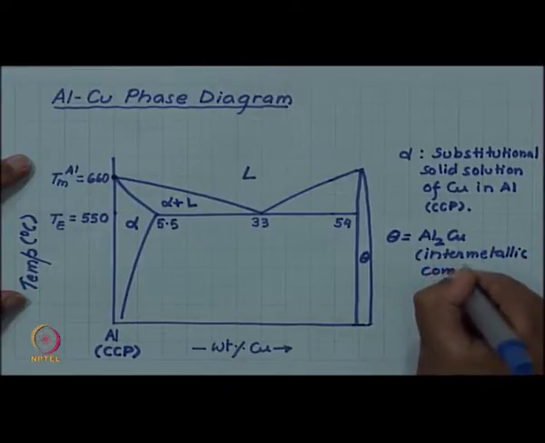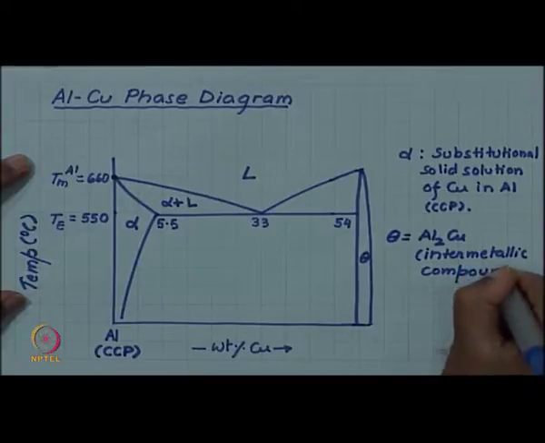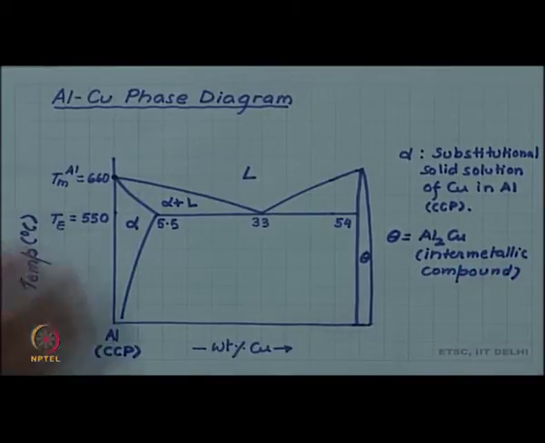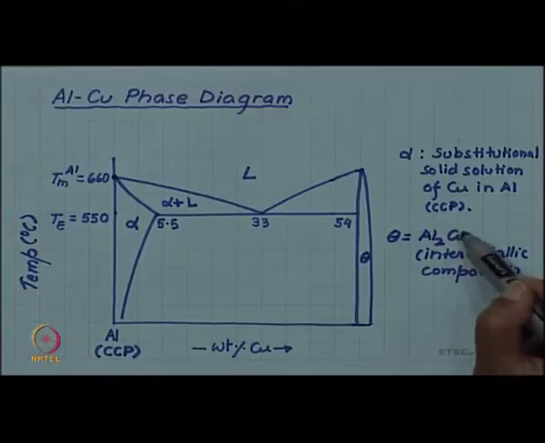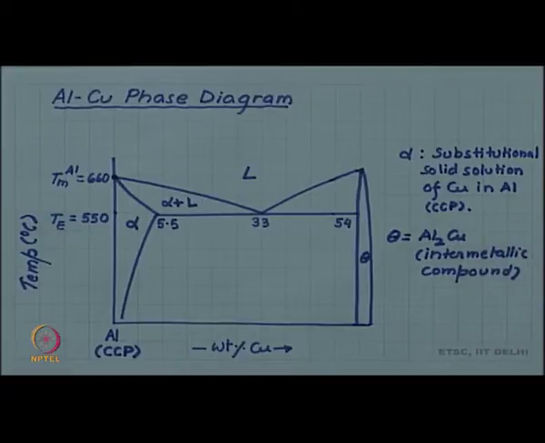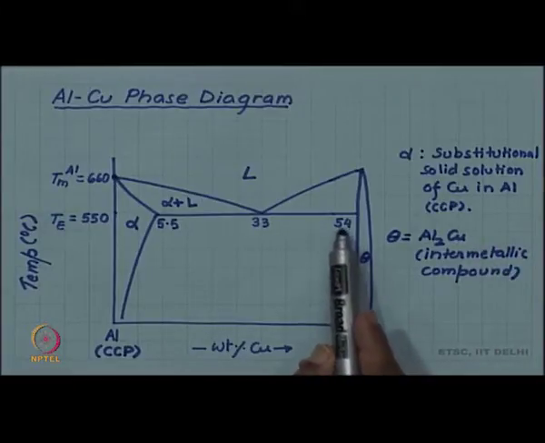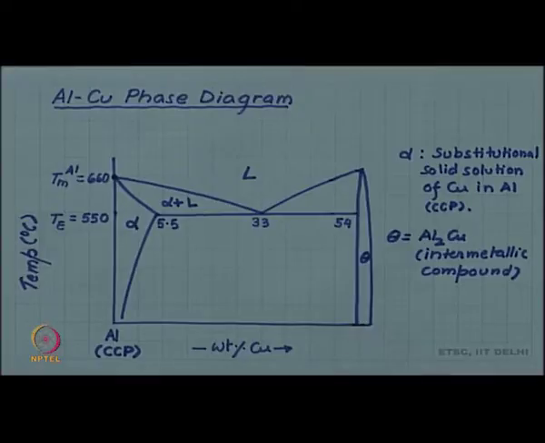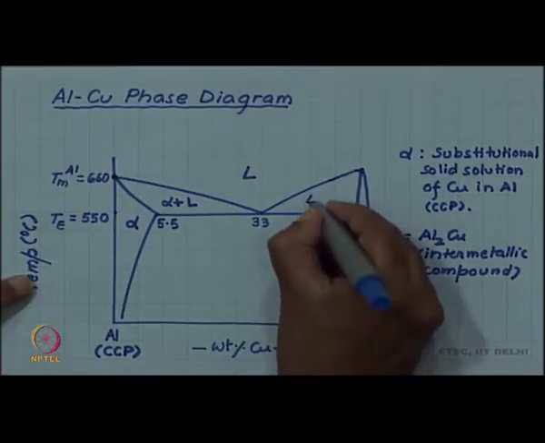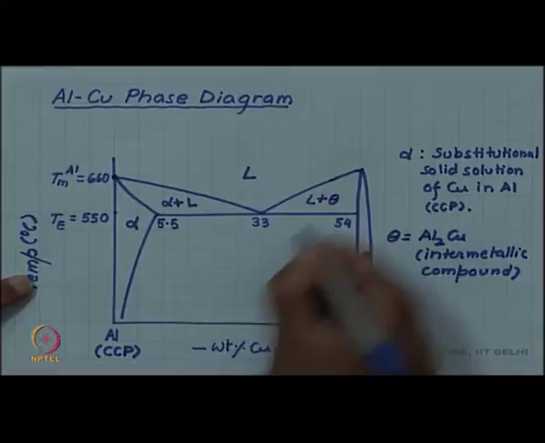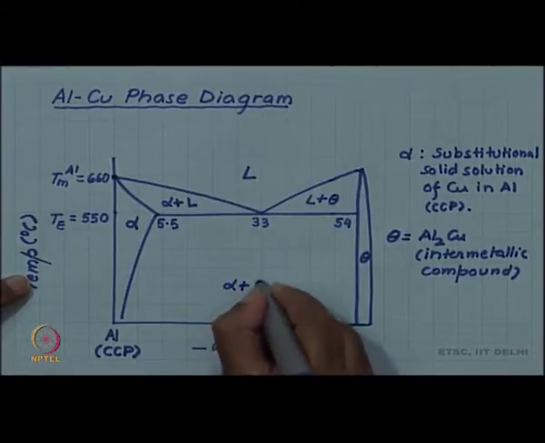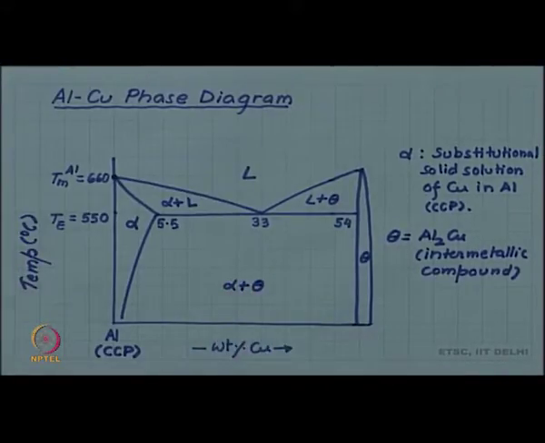You can see by the formula that it has about 1/3 of copper, so it is about 33 atomic percent copper, but since copper is heavier, it contributes more as weight percent, about 54 weight percent. So, you have liquid plus theta and alpha plus theta. So, this is the phase diagram of the aluminum copper system.